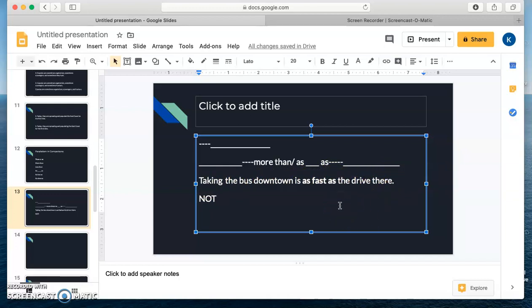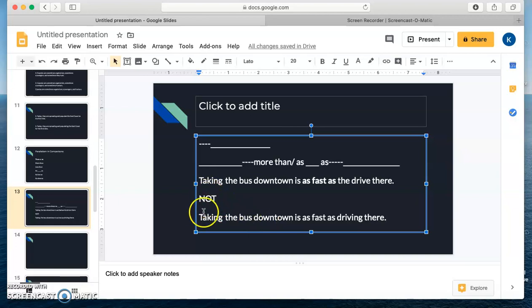Now, what we want to make sure is parallel is this portion, taking the bus, compared to the drive there. How we would make this parallel is by changing it to taking the bus downtown is as fast as driving there.